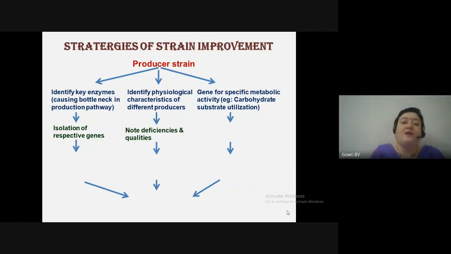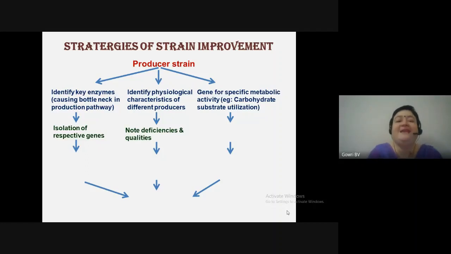You will note the deficiencies and qualities required for the supply in a medium for the production strain. So in case it cannot produce any vitamins, or it cannot give rise to any minerals, you will supply that in addition.